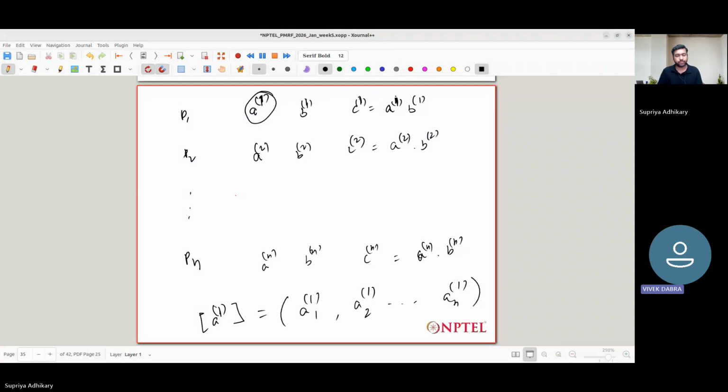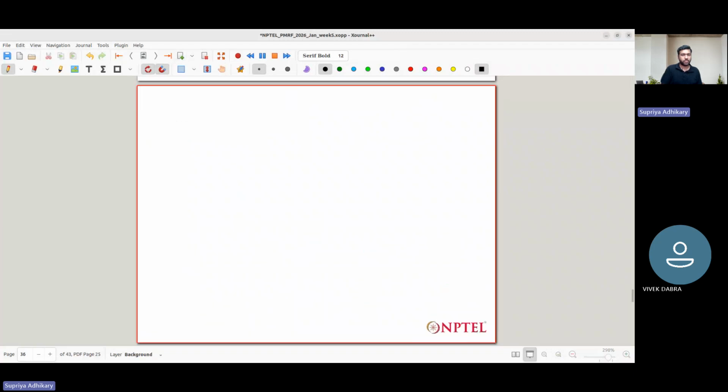In step two, I think they are multiplying the shares of party one with the shares of party two. So basically, once we generate the shares of A1, the share of A2, A3, and so on, the share of An, let's call them A11, A12 up to A1n.